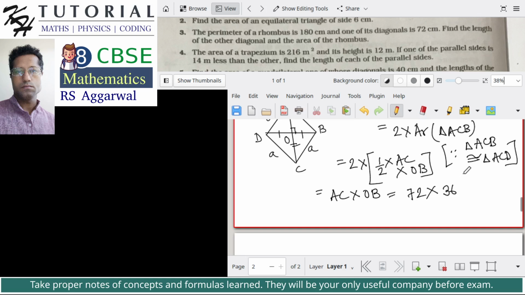So in a rhombus, the area of a rhombus is half multiplied by the product of the diagonals. So this much centimeter square. Now what is 72 multiplied by 36?